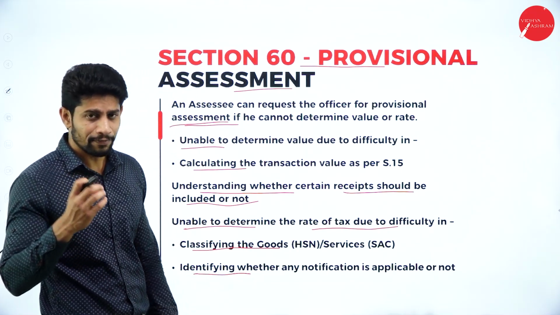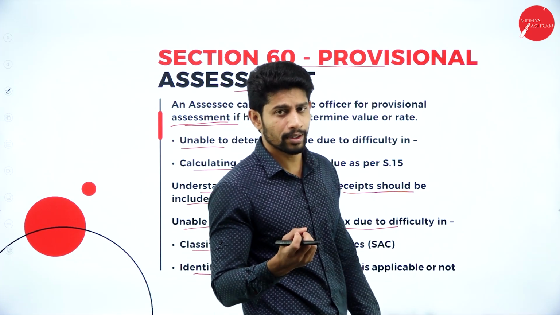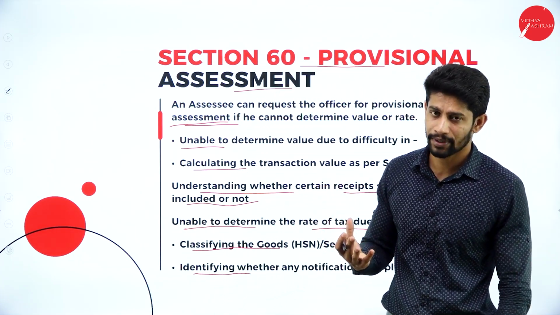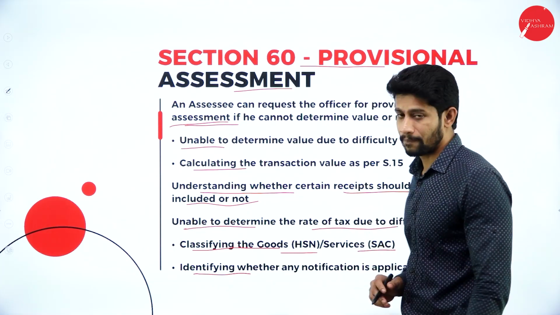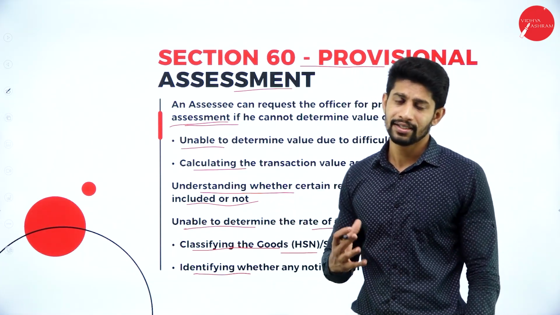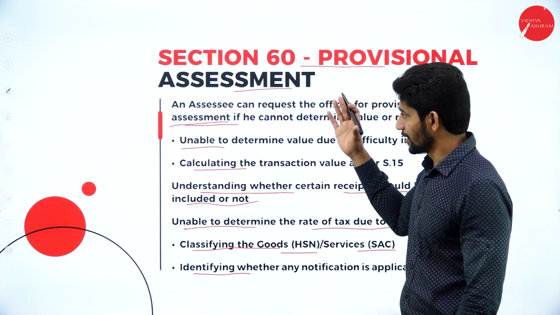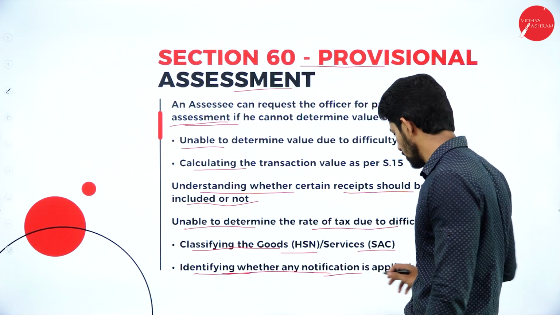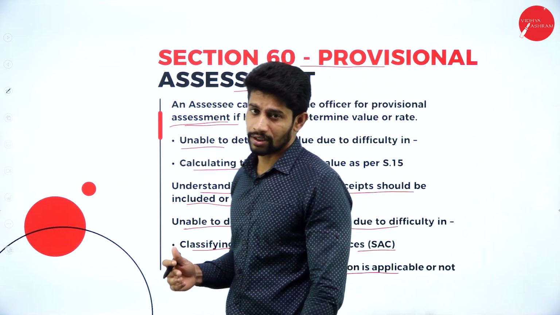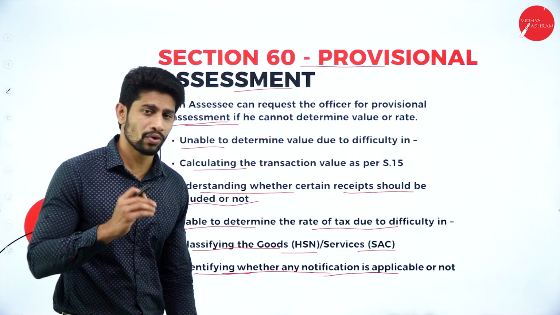If he is facing a problem identifying the rate of GST, then based on the HSN code or the service, you can go and clarify with the tax officer and identify whether any notification is applicable or not.